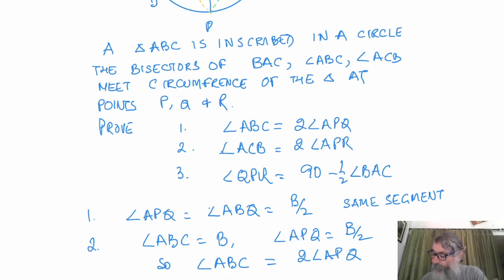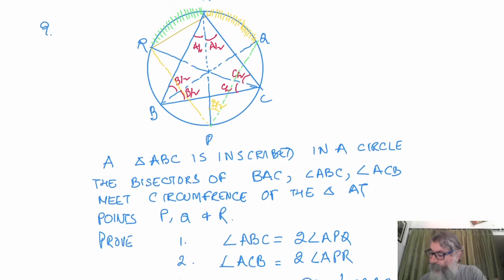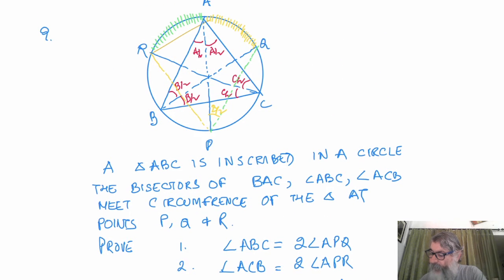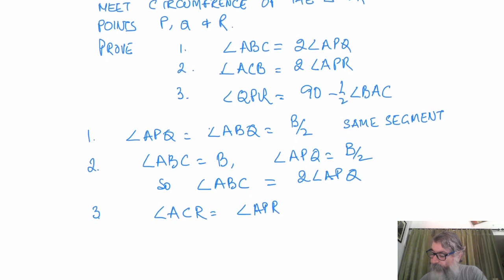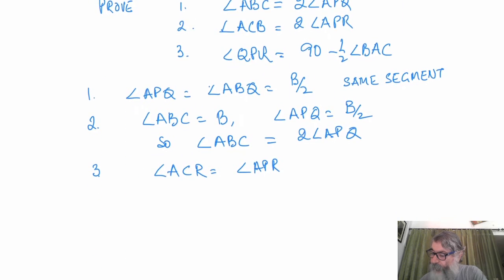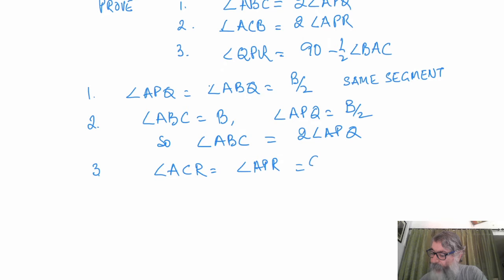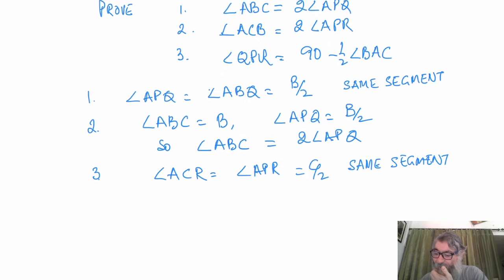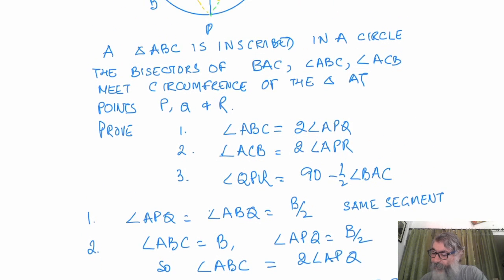ACR and APR are equal, and both are equal to what? ACR is C by 2, so APR is C by 2. Again, same property, same segment. Now let us see what is the relation. He's saying ACB. What is ACB?